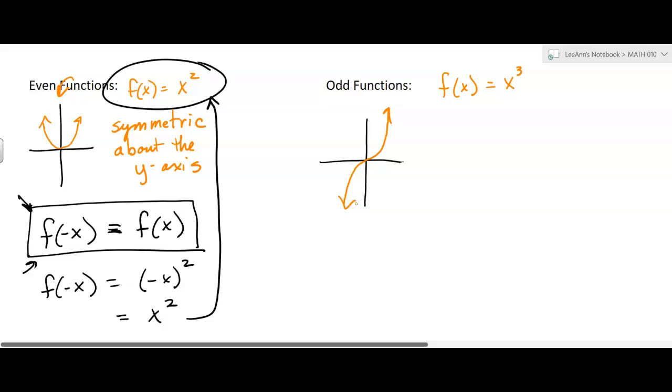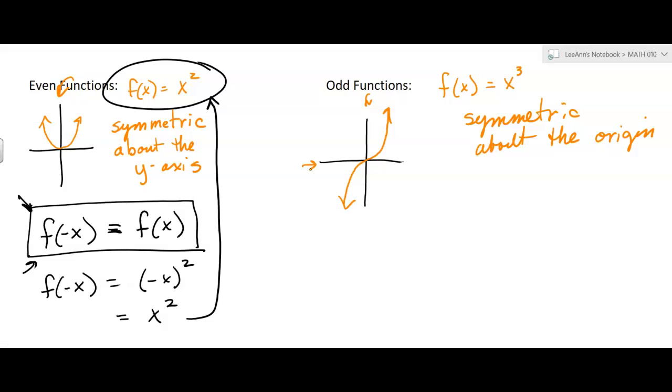Okay, so for an odd function, it's said to be symmetric about the origin. So if I were to fold my piece of paper along the y-axis and then fold it again along the x-axis, those points would line up. Okay? So that's what we mean by symmetric about the origin.